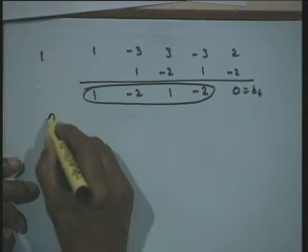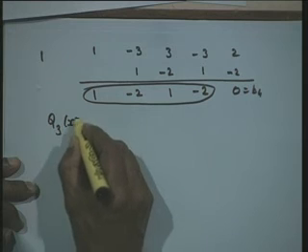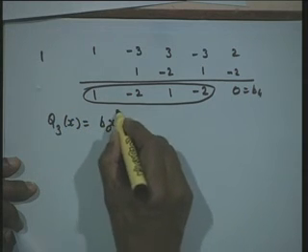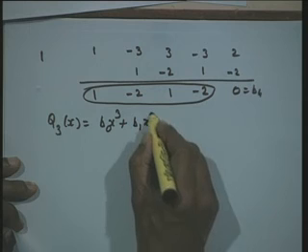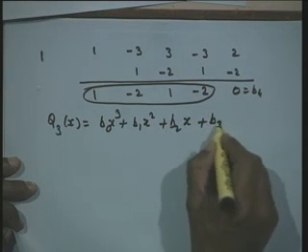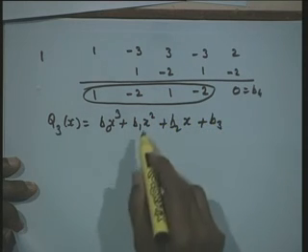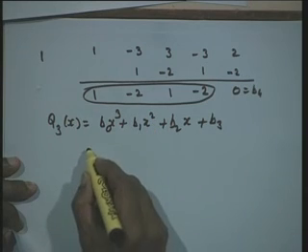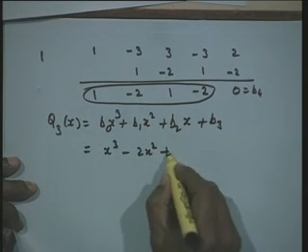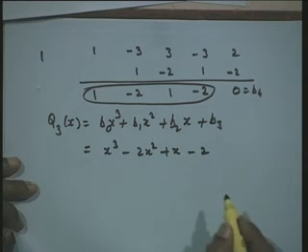Therefore, the deflated polynomial of degree 3 is b0 x cubed plus b1 x squared plus b2 x plus b3, that is x cubed minus 2 x squared plus x minus 2.